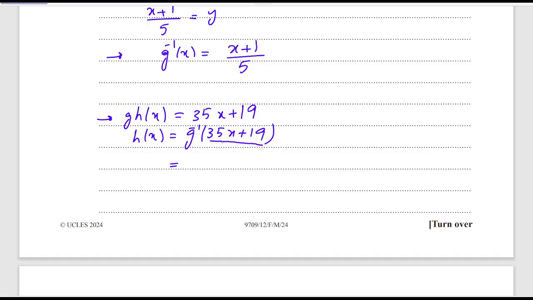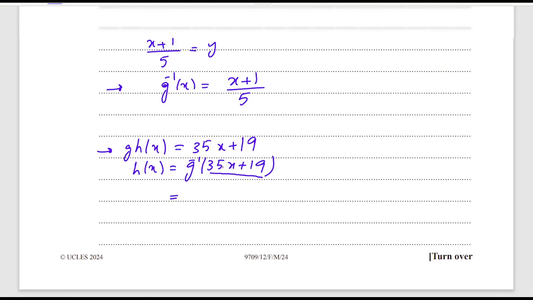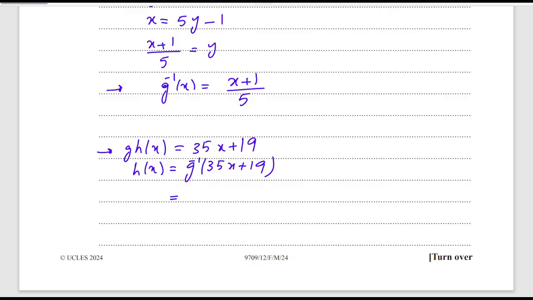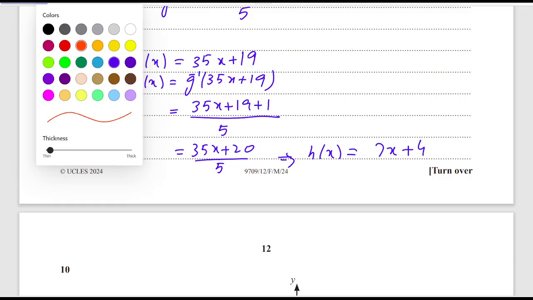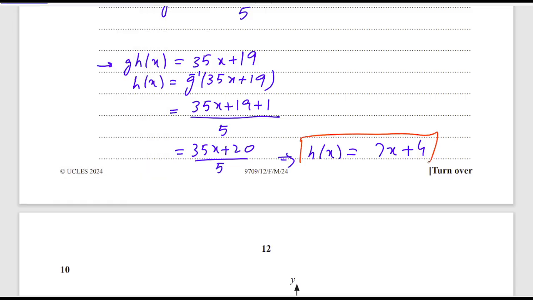So g inverse of (35x plus 19) is (35x plus 19 plus 1) divided by 5. So (35x plus 20) divided by 5. Take 5 common from the numerator and cancel with the denominator. So it becomes h of x equal to 7x plus 4. So this is the required expression for the function h of x. It's simply 7x plus 4.